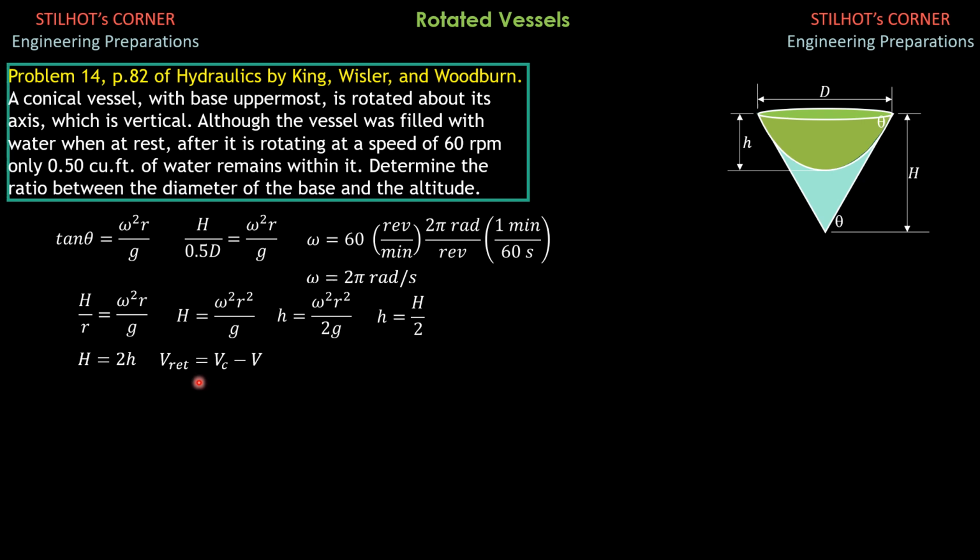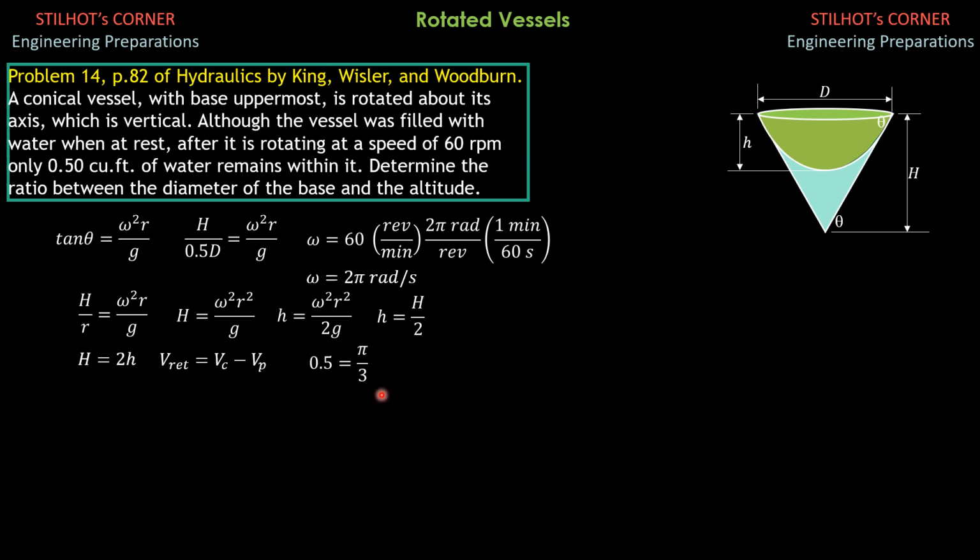The volume retained, or the volume that remains within the tank, is equal to the volume of cone minus the volume of paraboloid. Volume of cone is pi radius squared altitude over 3, while the volume of paraboloid is 1/2 pi radius squared times h, which is small h in this case, and small h is H over 2.